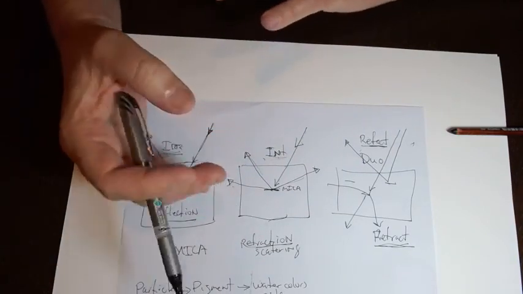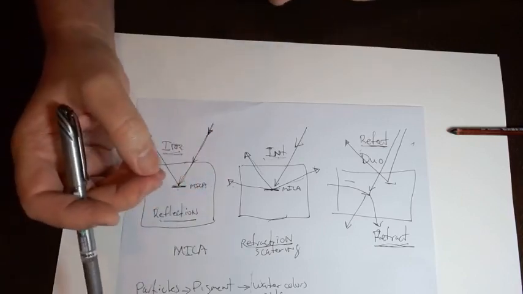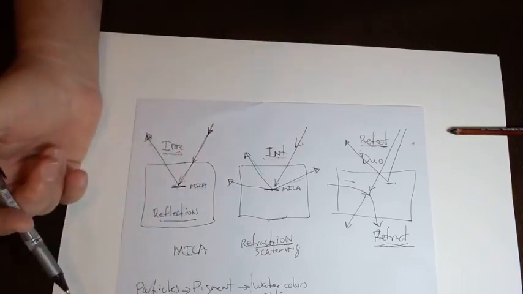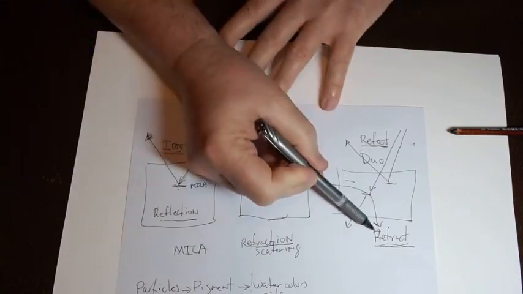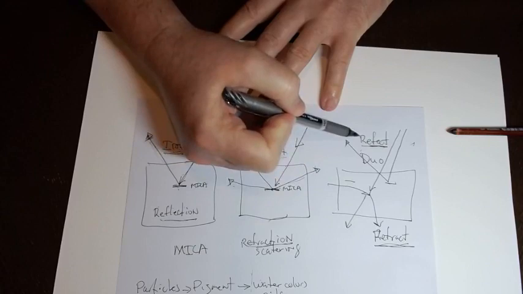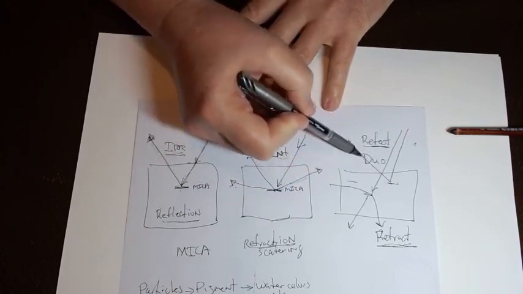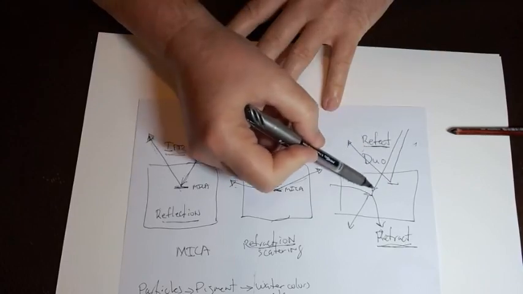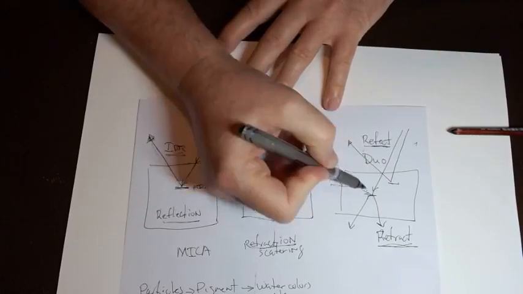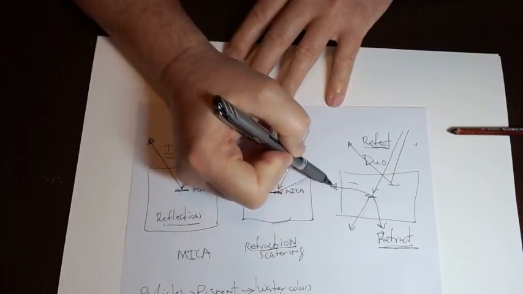It's composed of both iridescent and interference, so it both reflects and refracts. When that light wave comes down and hits a particle, it might reflect. It can hit a different particle at a different depth, and that one could actually refract.